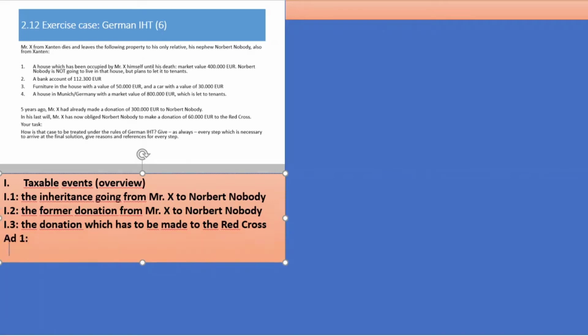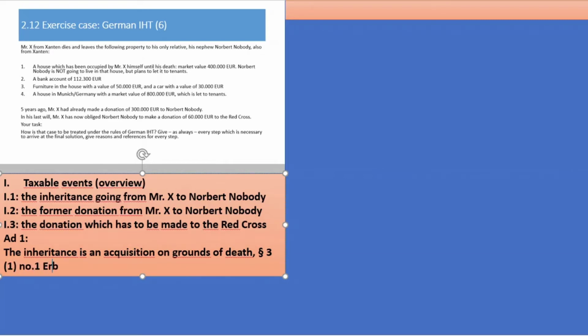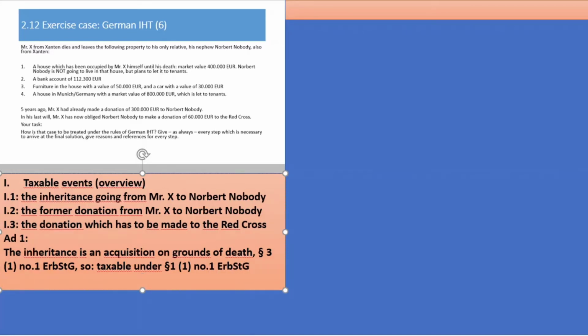Now, concerning number 1, the inheritance is an acquisition on grounds of death. That can be seen in paragraph 3(1), number 1 of the Inheritance Tax Act, and so it is taxable under 1(1), number 1 of the Inheritance Tax Act.